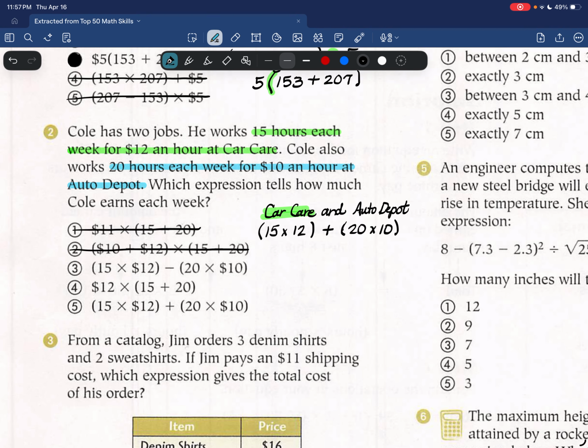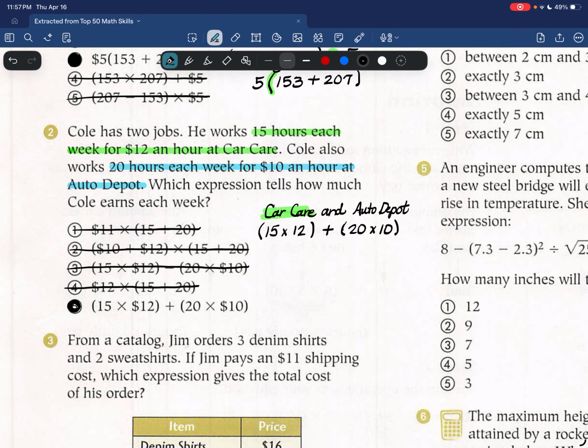Number 3 looks pretty good, except for that minus sign in there. That should be a plus. Number 4, we have lost the 10. And number 5 is exactly what I'm looking for. It looks just like mine.